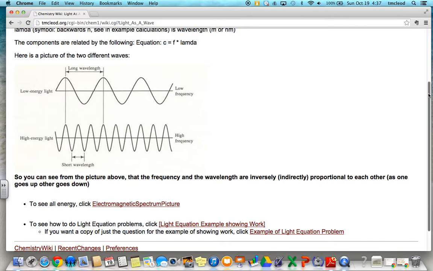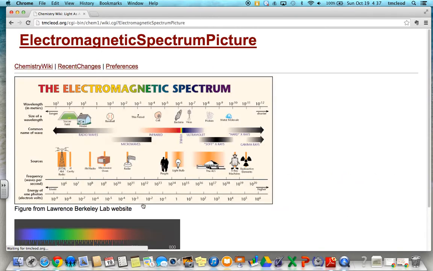This is the family picture for energy. It's called the electromagnetic spectrum, and they're all what they call forms of radiation, which is another way of saying energy. There is a link to this picture if you want it, so you can just copy it.